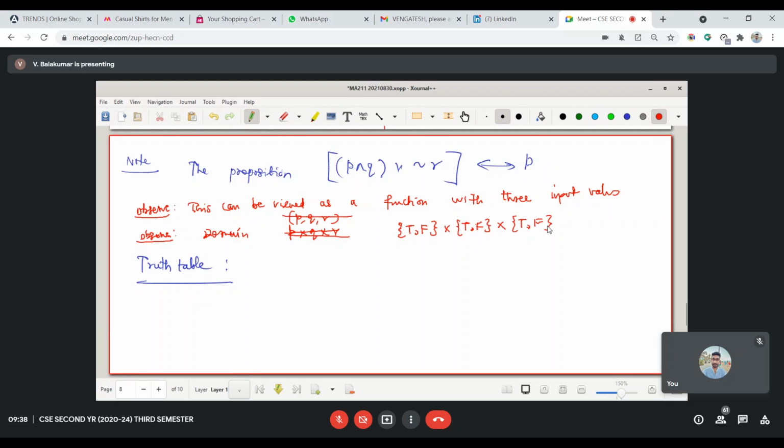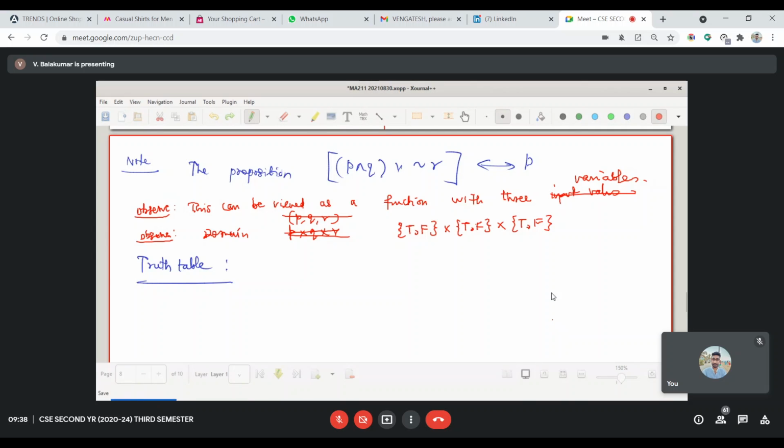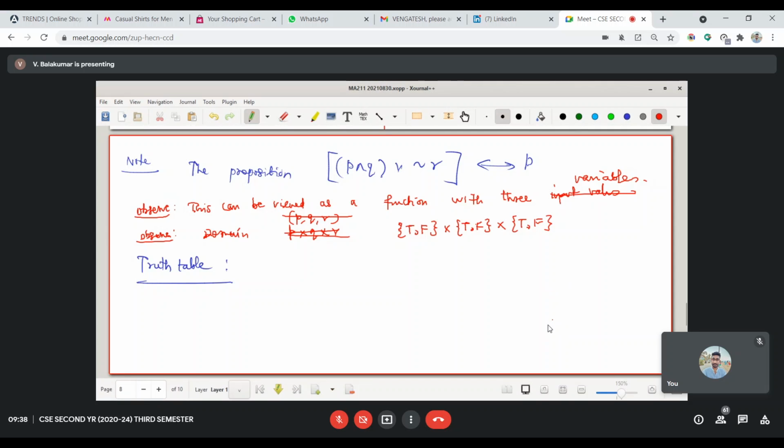This is the domain. Codomain is just a set. 3 input values, meaning 3 variables. Okay, that's it. Take a MIF only. Okay, then we'll proceed further.